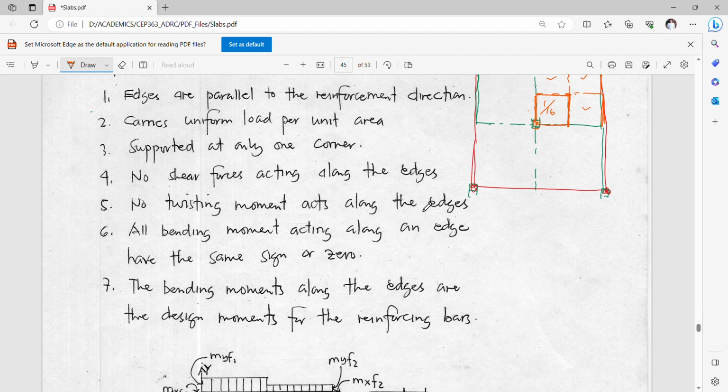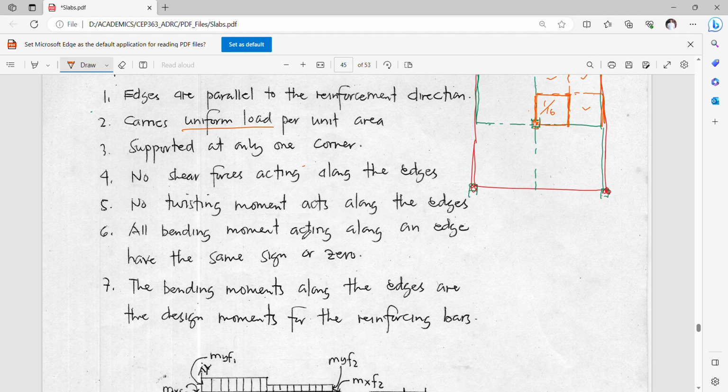with properties given here. I will not be discussing in full detail what these properties are, but it has something to do with the edges parallel to the reinforcement direction. The loading is uniform throughout the area. It is supported here at one corner only. No supports are attached to the other corners of this particular slab element. No shear forces act along the edges. No twisting moment acts along the edges either.